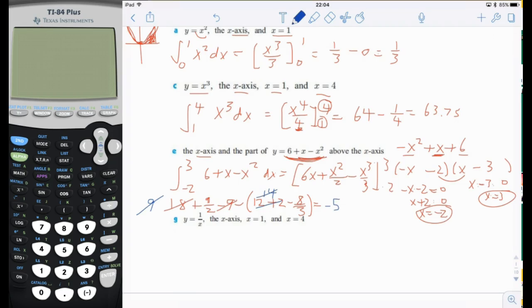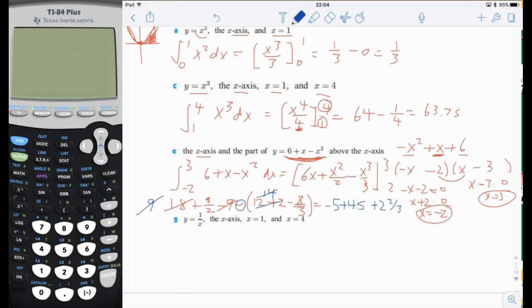We have 9 halves, which is 4.5 plus 4.5. And we have negative 8 divided by 3, which is a negative 2 2/3. Oh, but it's a positive 2 2/3 because there's a negative there too.